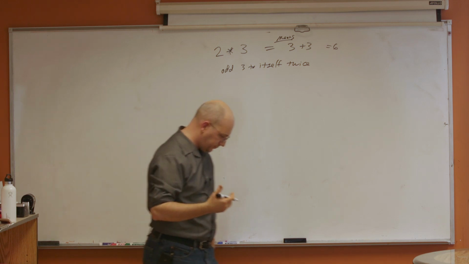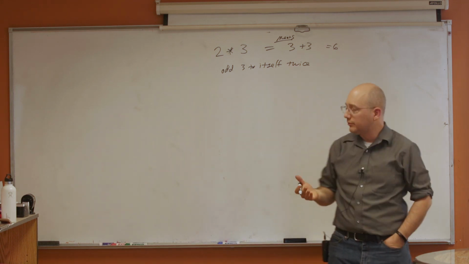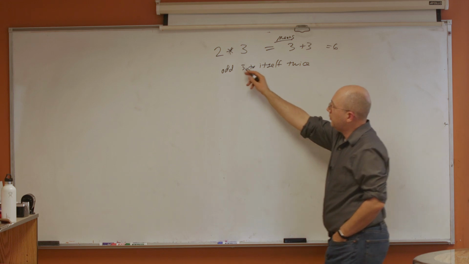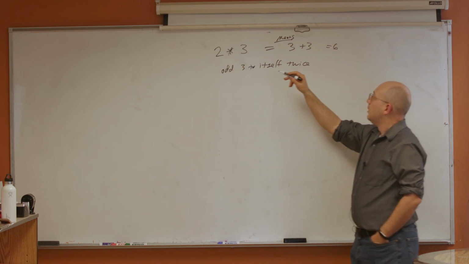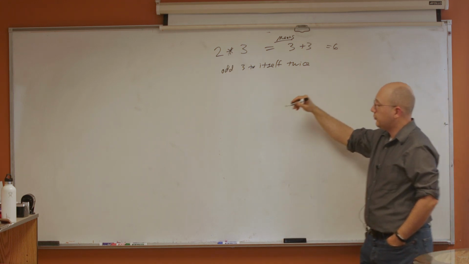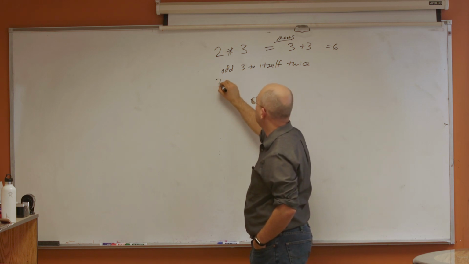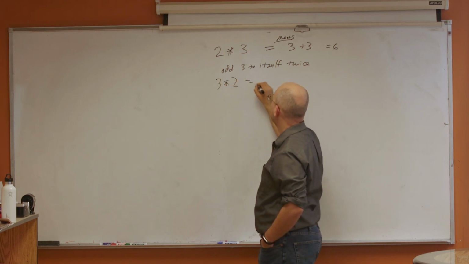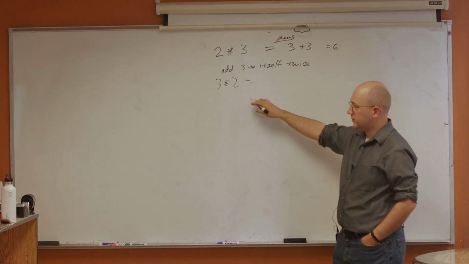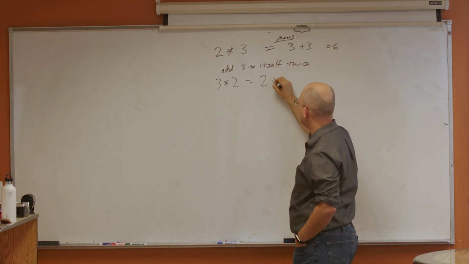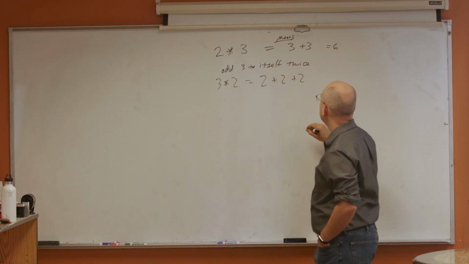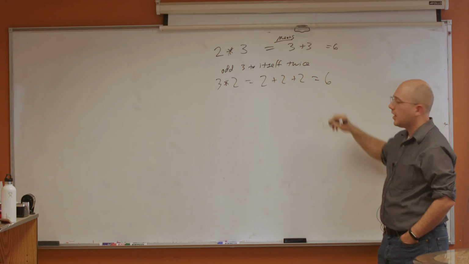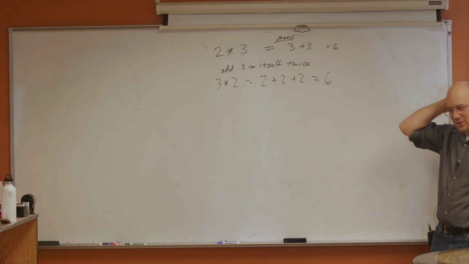That's kind of the fundamental definition of what this symbol means. It's useful. 3 times 2 would mean add 2 to itself 3 times. Happens to be 6. Same thing.